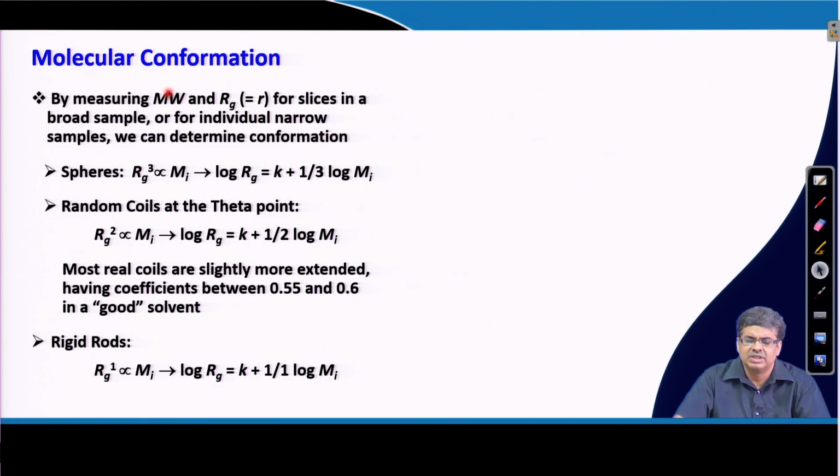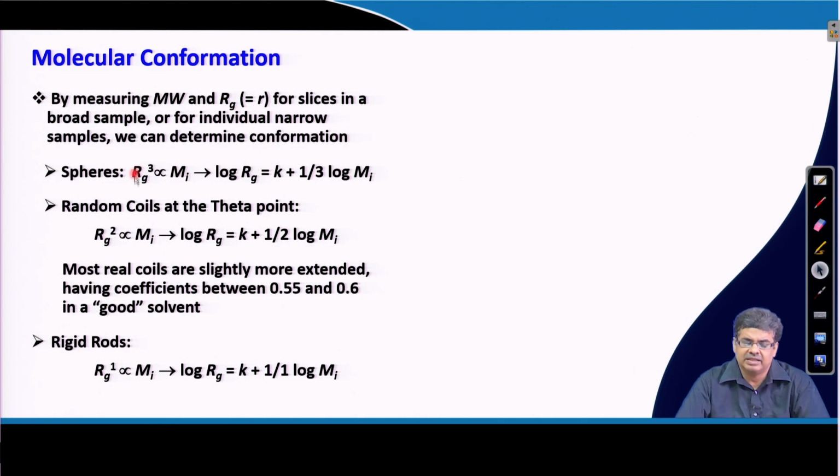We can also find out the molecular conformation. For that we need to find out the molecular weight and the radius of gyration from the light scattering detector.